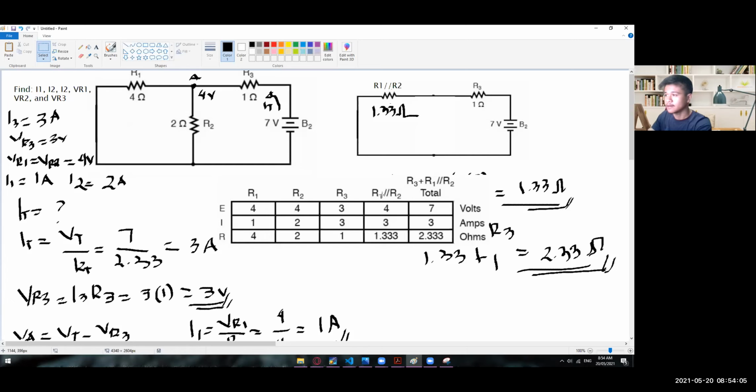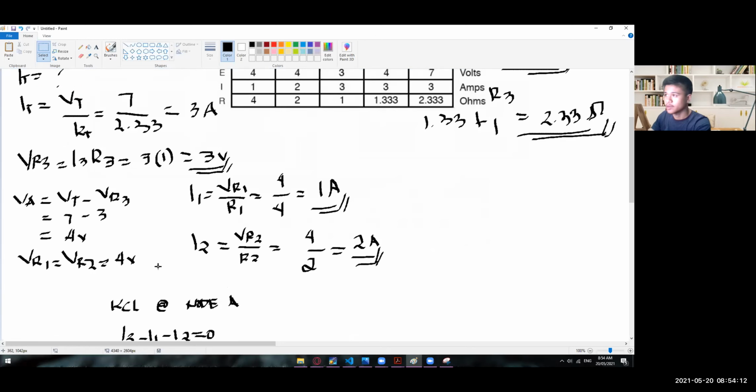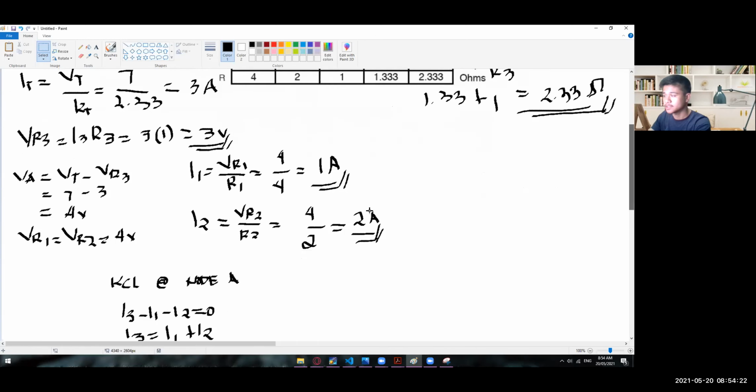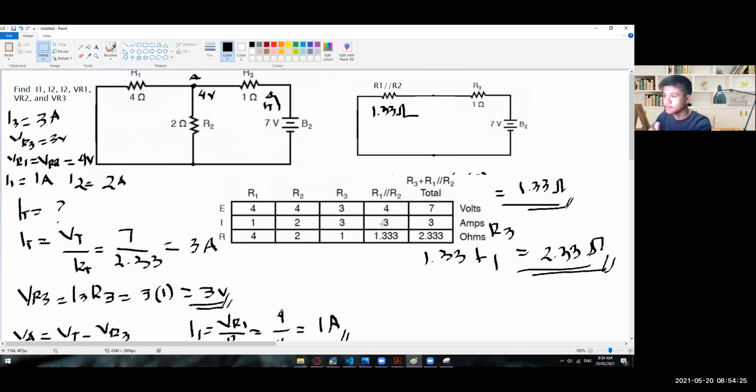And then the voltage drop across R1 is 4 volts. Okay, which is this one. And for the current that is flowing on I1, R1 and R2, that's the combined value of R1 and R2. So 1 amp plus 2 amps is 3 amps.